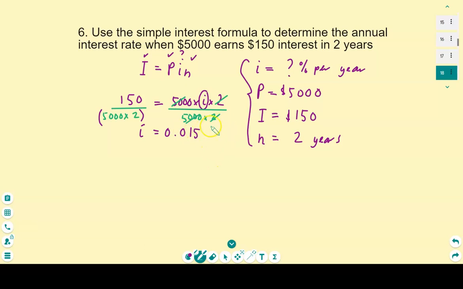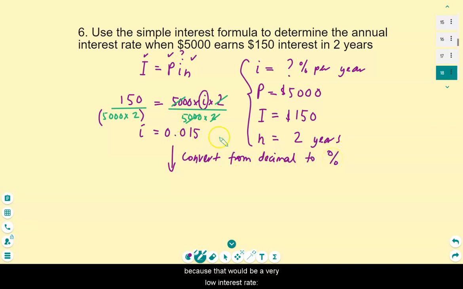Okay. Now, have we answered it properly? This is I as a decimal, which we'll always get from our calculations or input into our calculations. Remember to convert from decimal to percentage, because that would be a very low interest rate. Not everyone would be taking out loans if the interest rates were that low as a percent.